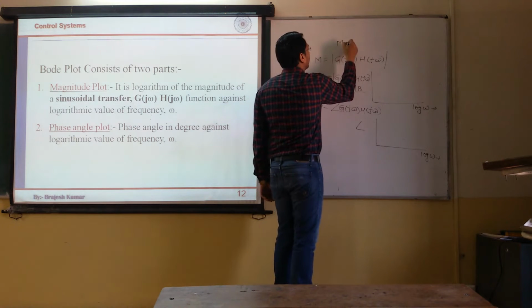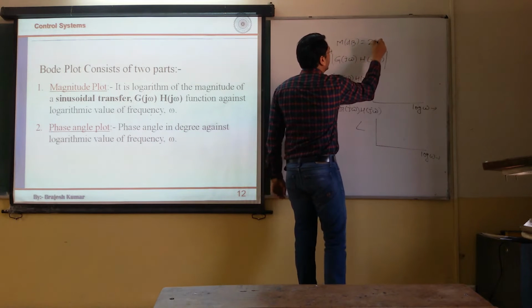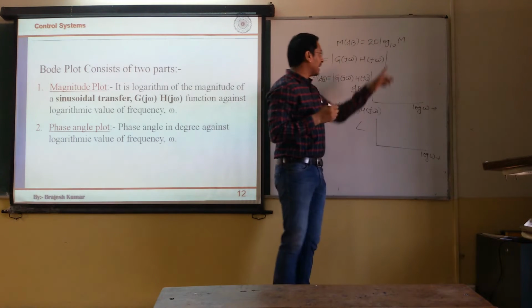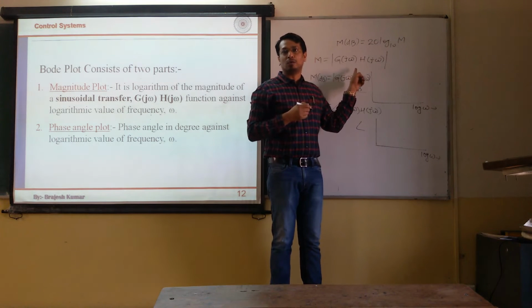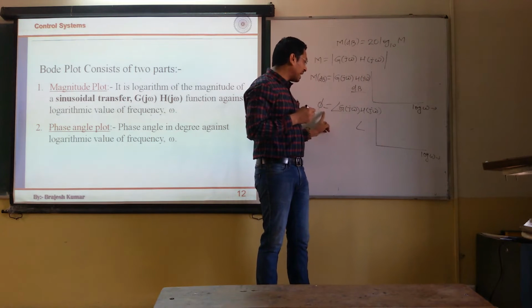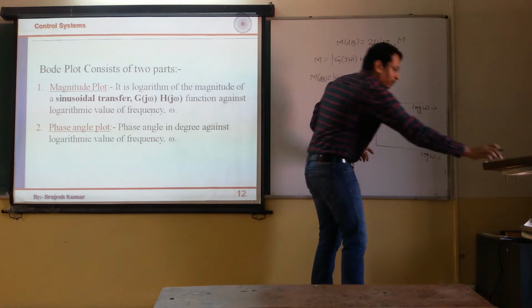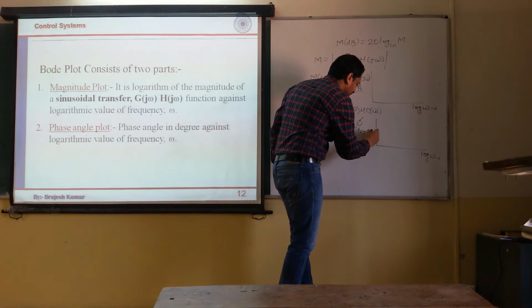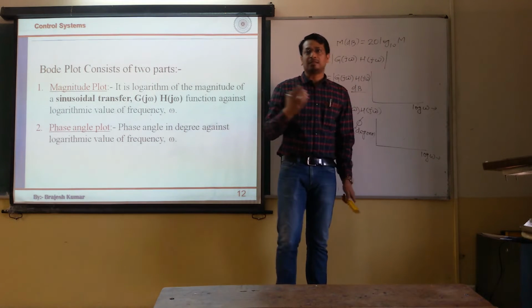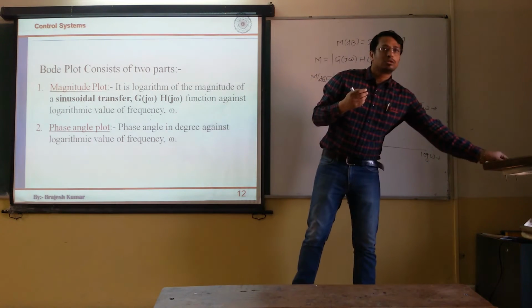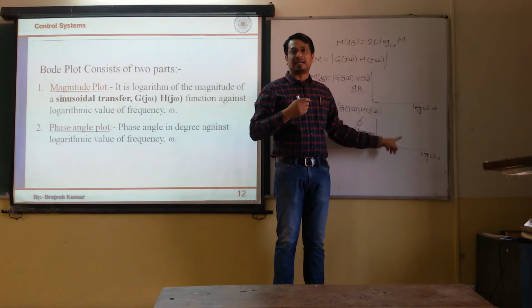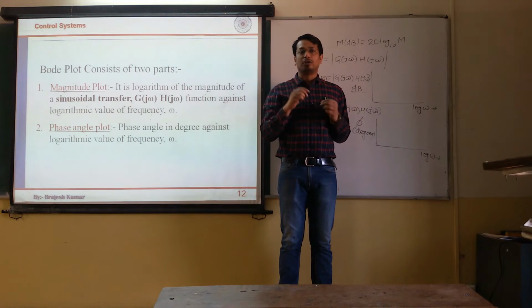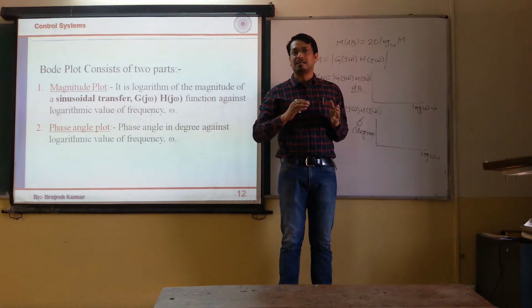So M in dB is nothing but 20 log base 10 of m, where m is the magnitude of the open loop transfer function, and phase phi is the angle which is expressed in degrees, correct? So this plot consists of two parts. One is the magnitude part and the second one is the phase part. You have to trace both of these parts on the same graphical sheet.